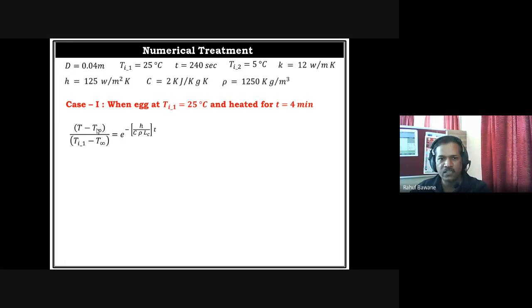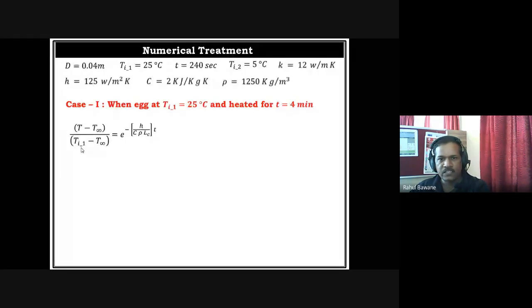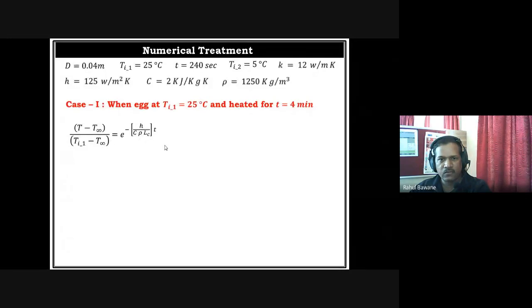So surrounding temperature is 100. Initially, there are two initial conditions. First, when we use 25 degrees centigrade, so Ti1. h is given, c, rho, Lc we just calculated, and time we know is 4 minutes. So the corresponding consumer taste temperature T, which we are right now interested to find out.